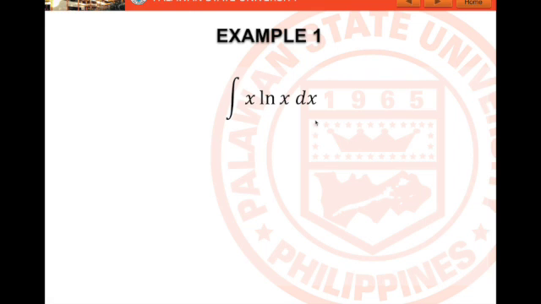So first of all, before you proceed doing integration by parts, you should try to check first if you can do simpler integration techniques, like if you can do u substitution, or if you can find it in your integration tables, or it fits an integration formula, so you can just use that before you jump into integration by parts.